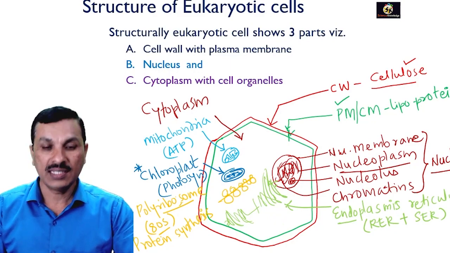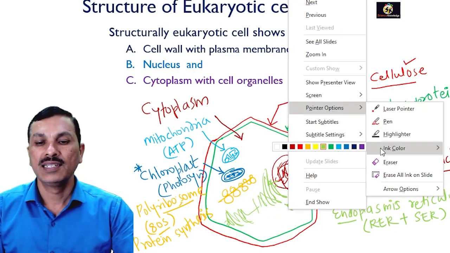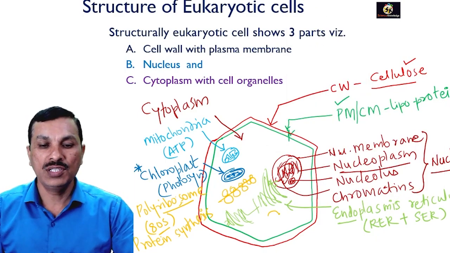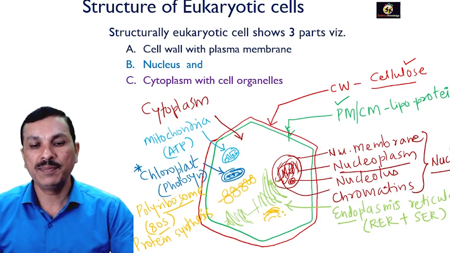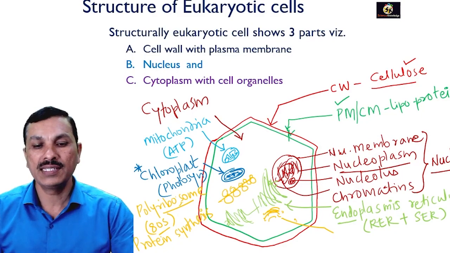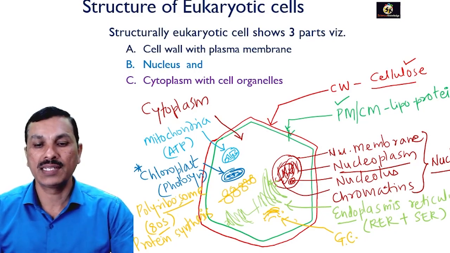Another important cell organelle which is present in cells is the Golgi complex. The Golgi complex is a complex structure which is usually present adjacent to the endoplasmic reticulum or adjacent to the nucleus. It has two different phases, the cis phase or forming phase.